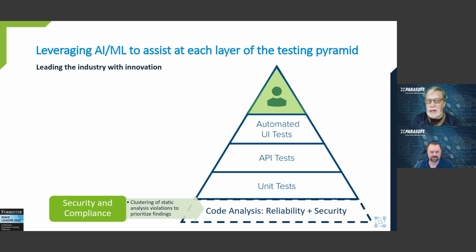There are some really great AI/ML capabilities, for example, to prioritize findings, looking historically at what an individual team or organization's developers have done, so that we can help prioritize static analysis findings and you don't get flooded from a fire hose. And also looking for things like hot spots.